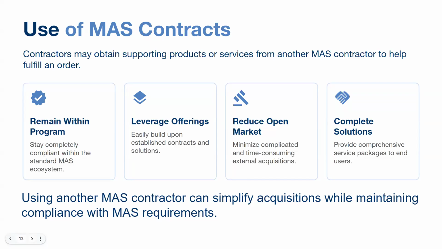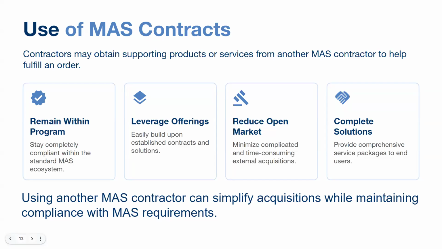So the updated ordering procedures recognize that another MAS contractor may already offer exactly what's needed. By leveraging another MAS contract, you can build more complete solutions while remaining within the MAS program. Since those products and services are already available through an awarded MAS contract, this approach can simplify the acquisition and reduce the need for separate procurement actions.